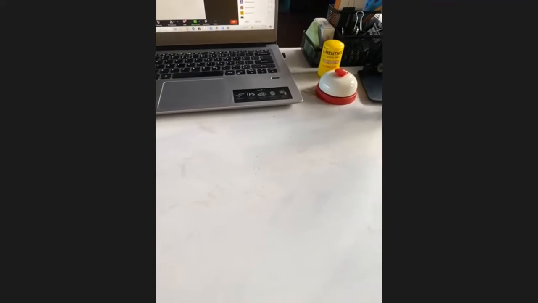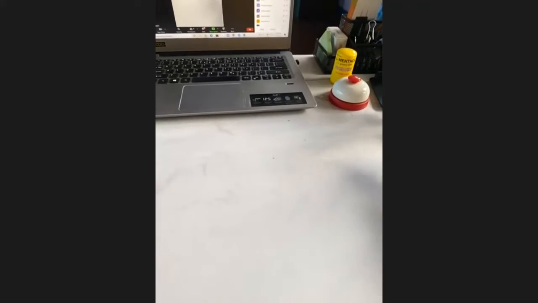Let's start with the infinitive phrase. We will construct a sentence that uses an infinitive phrase as an adjective to a noun.